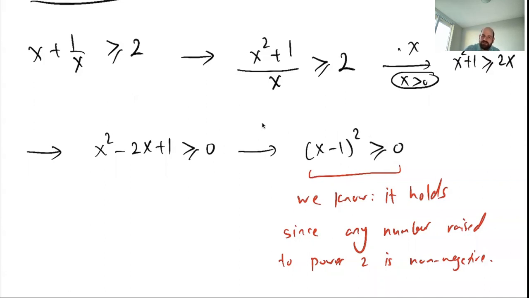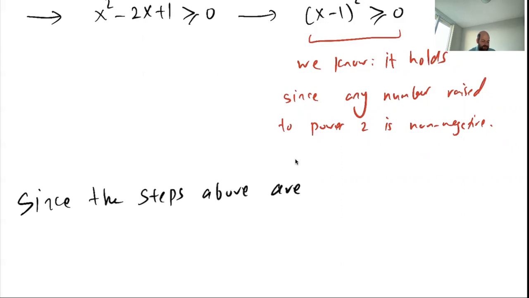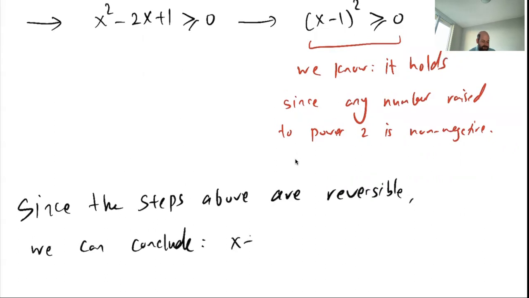So after you reach this step, you can write down that since the steps above are reversible, we can conclude that x plus 1 over x is bigger than or equal to 2 for x bigger than 0.